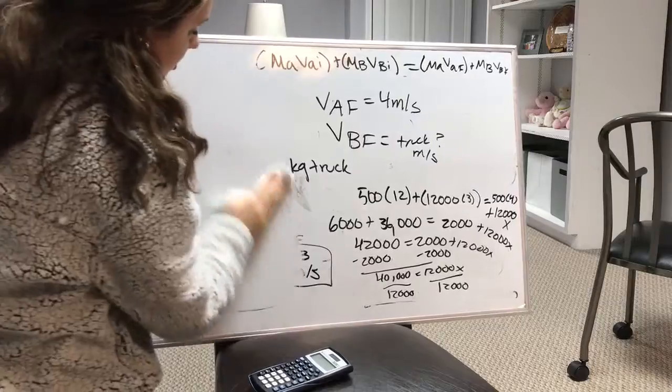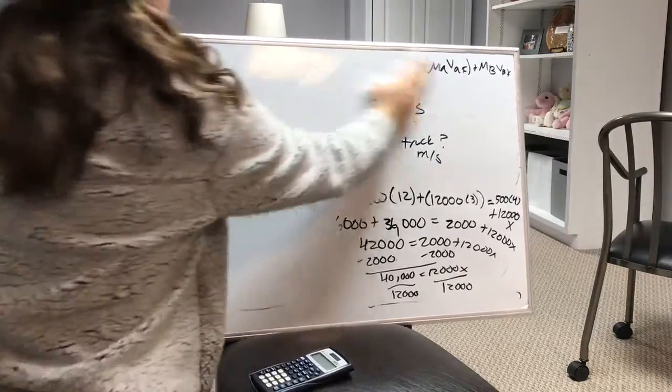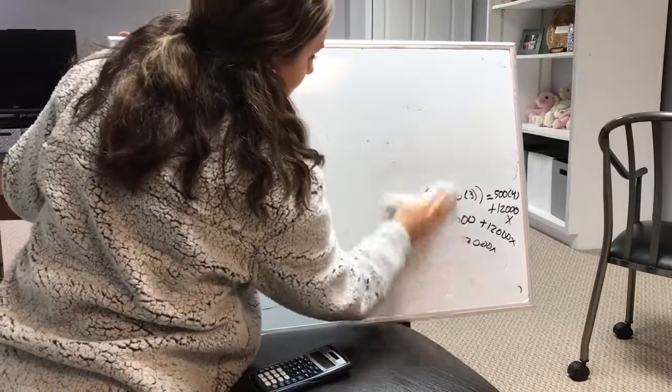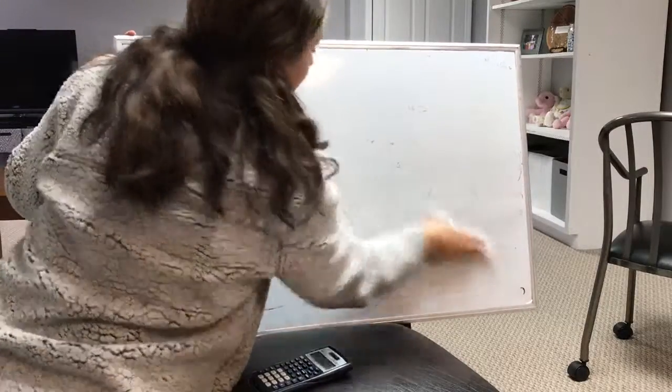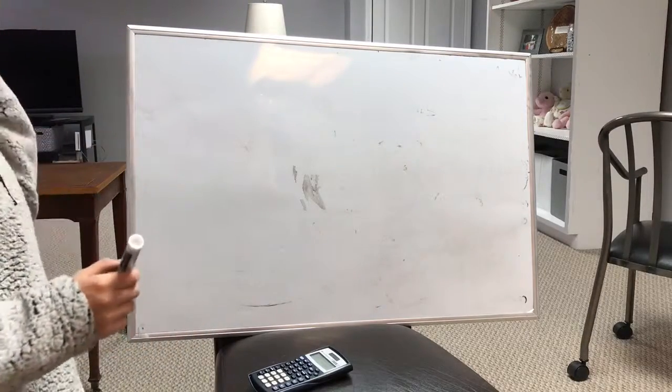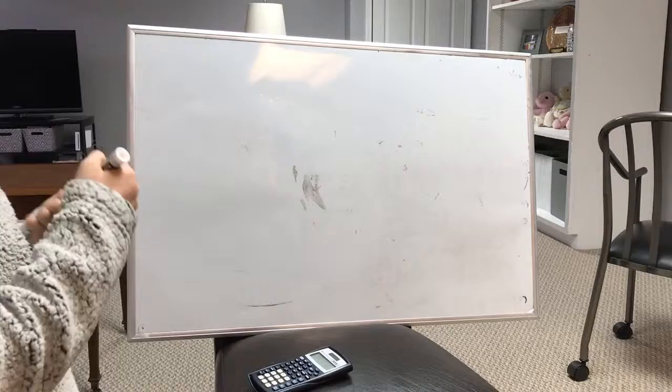Alright, the next type of collision we're going to do is an inelastic collision. An inelastic collision is when objects collide and they move off together with the same velocity.